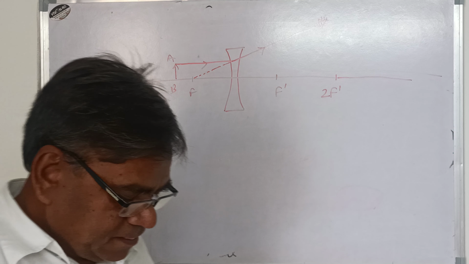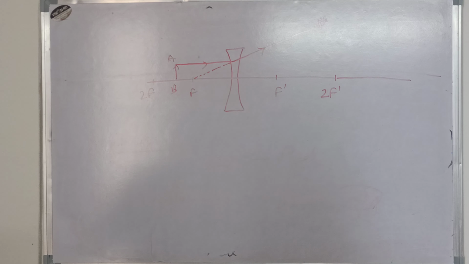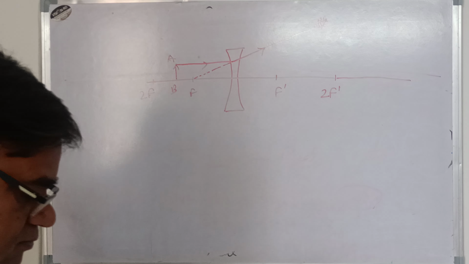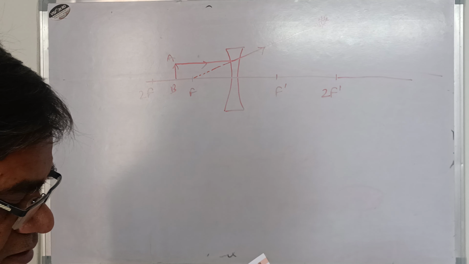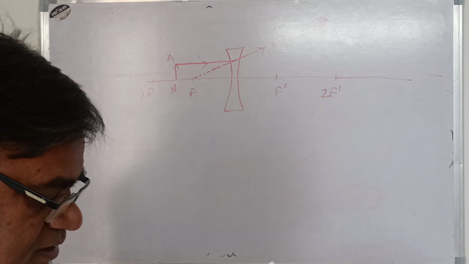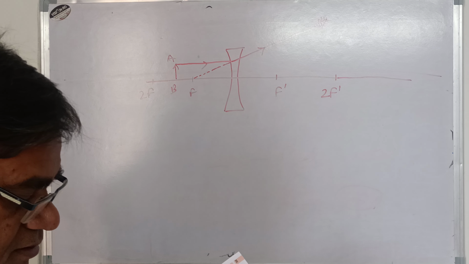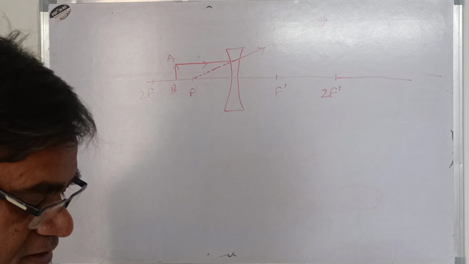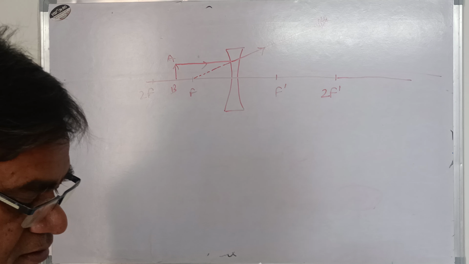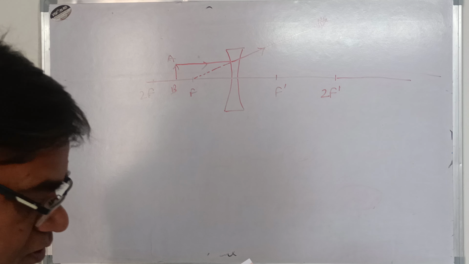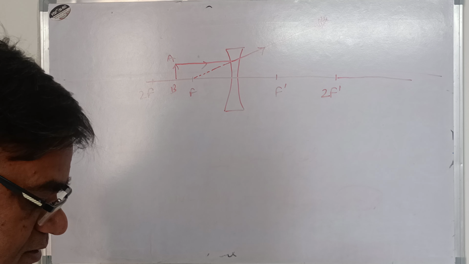Now let us take some good questions for your practice. When an object is placed 10 centimeter in front of lens A, the image is real, inverted, magnified and formed at a great distance.